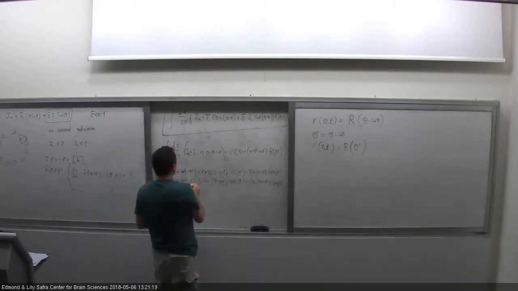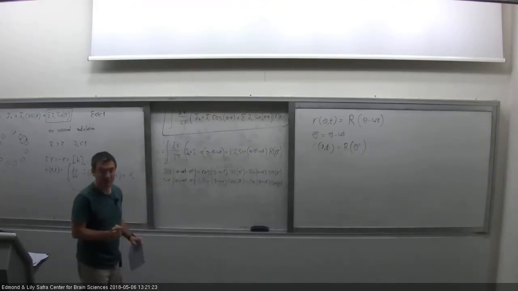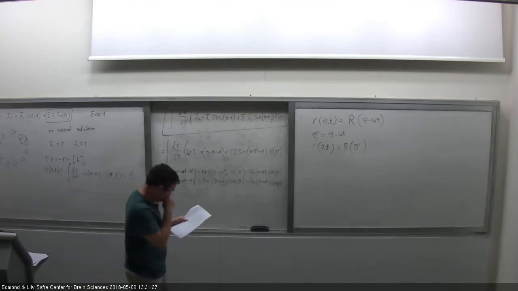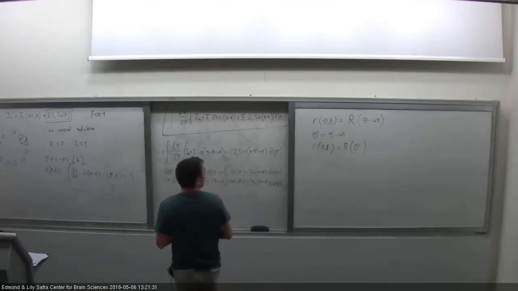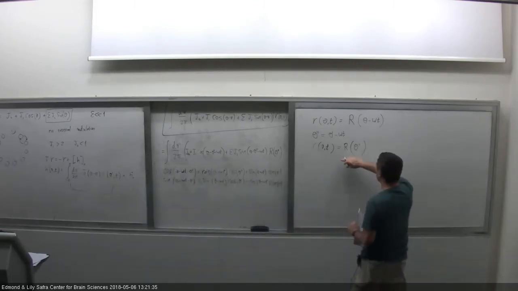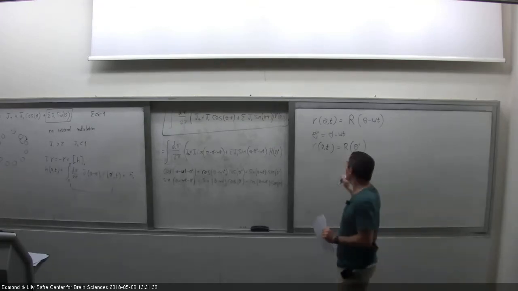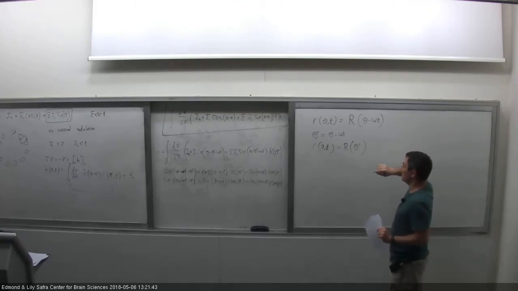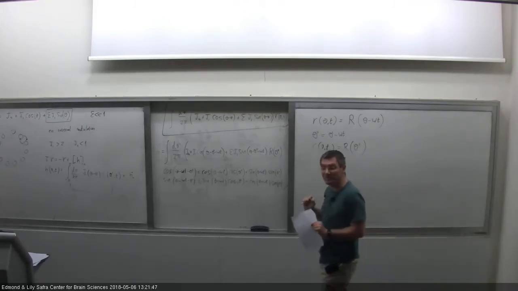And now we need to do this integration as before. I don't remember if I've already said it, but I didn't repeat it: we're going to consider a solution R, which is the original bump solution.